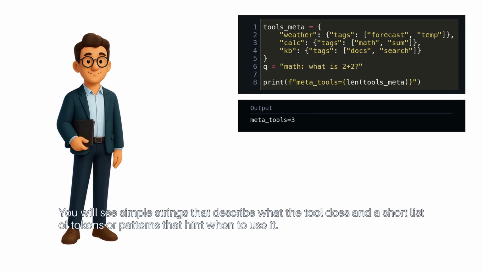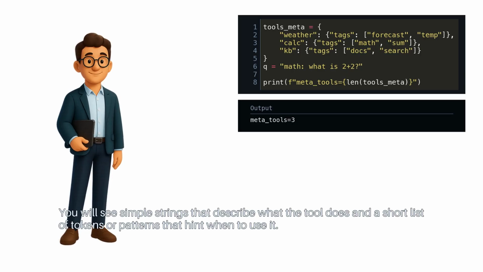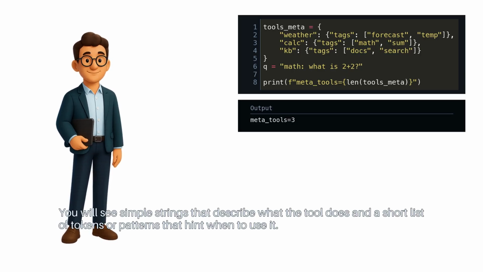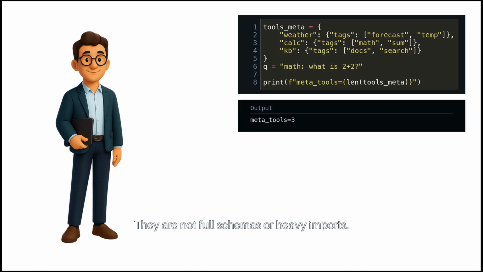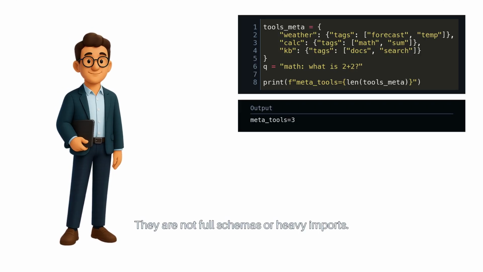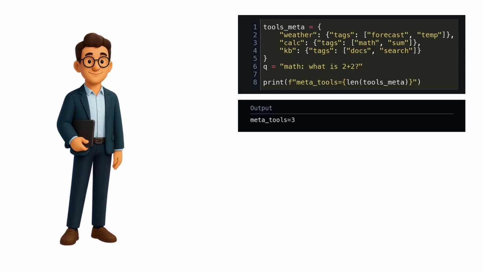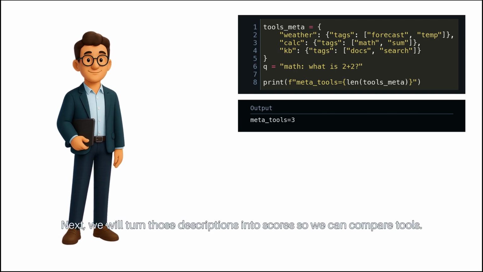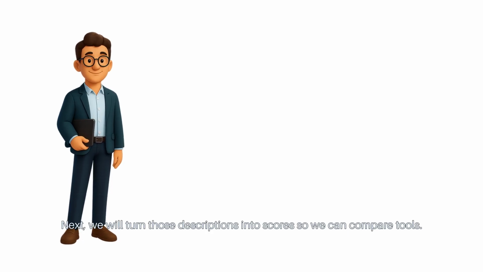You will see simple strings that describe what the tool does, and a short list of tokens or patterns that hint when to use it. These items are intentionally inexpensive to construct. They are not full schemas or heavy imports. Later code will use these fields for fast matching and ranking. Next, we will turn those descriptions into scores so we can compare tools.